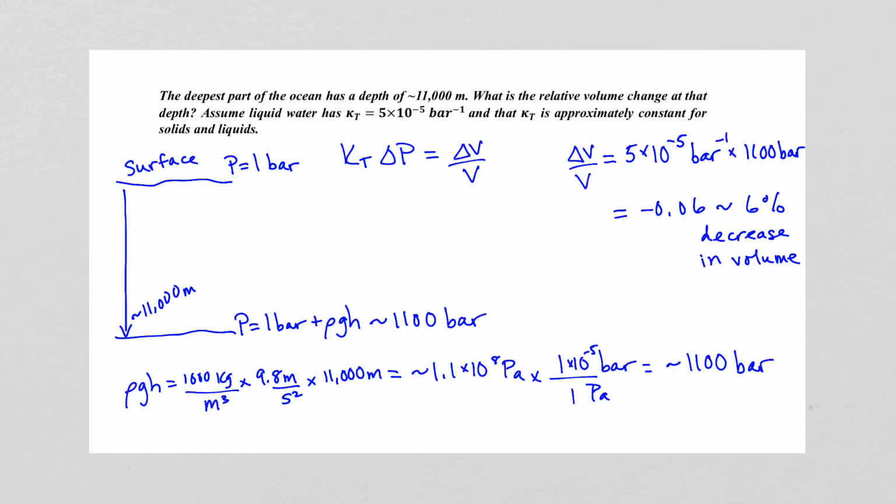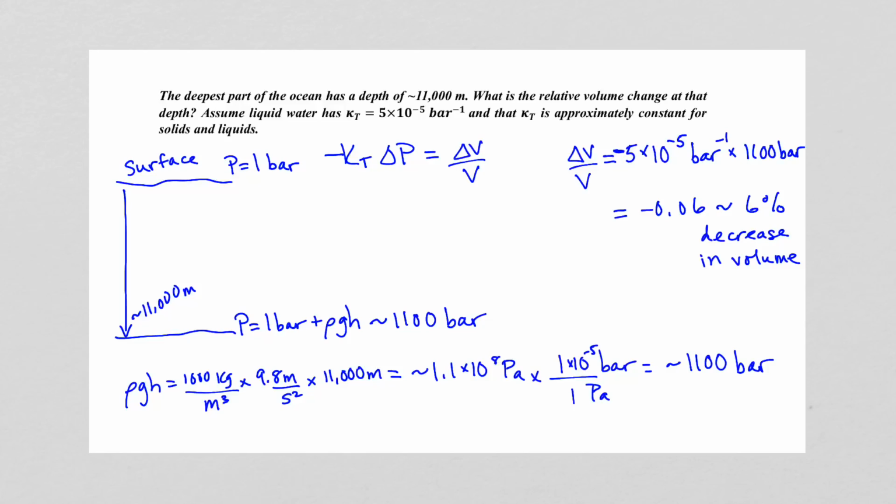Oh, and I just realized that in order to get that negative sign to come out, we actually need to remember to put our negative sign in our expression. So there's a negative in front of that kappa T. Okay, now everything's happy.